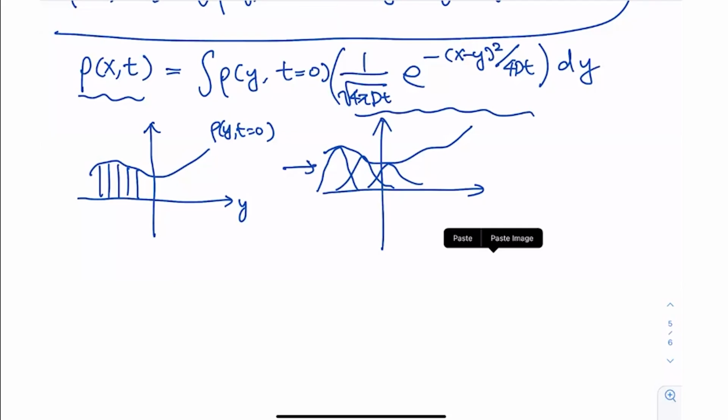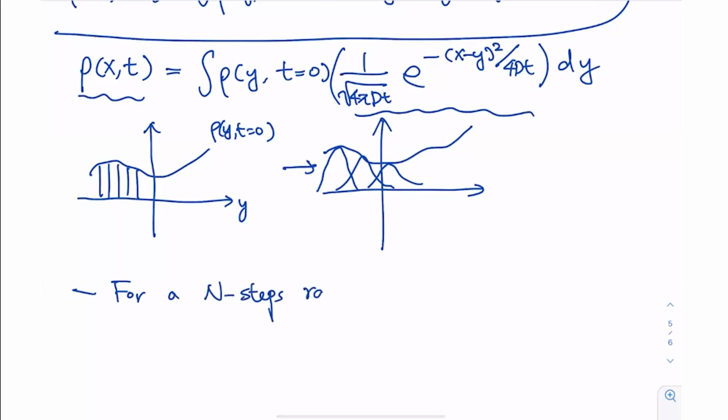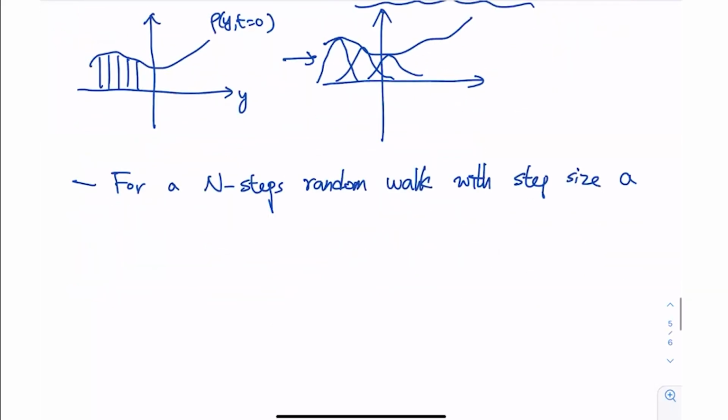Previously we said that for an n-step random walk with step size a, we derived the root mean square to be the square root of n times the step size a. That's the result we got previously.